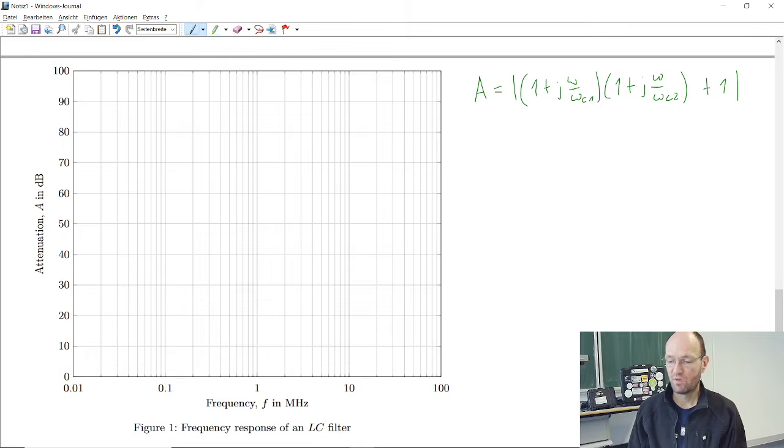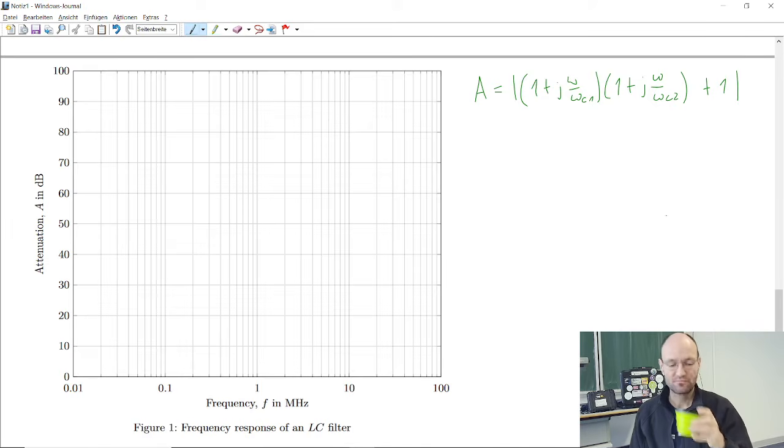And we would like to convert this into a dB scale. Okay, so what do you suggest to do to draw this?